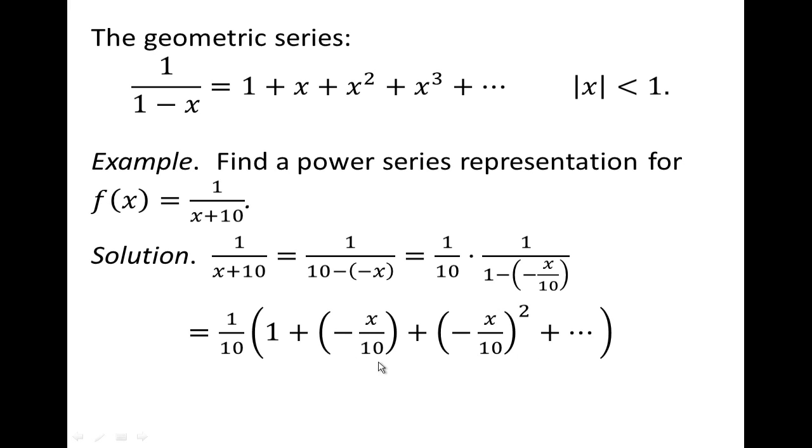Here it's negative 1/10 times x, negative 1/10 squared times x squared, the next will be negative 1/10 cubed times x cubed. So I'll put the negative 1 to the n in the numerator and 10 to the nth in the denominator, but when I multiply by the 1/10 that's out here, it becomes 10 to the n plus 1, times x to the nth. Just putting it in a nice, concise summation.